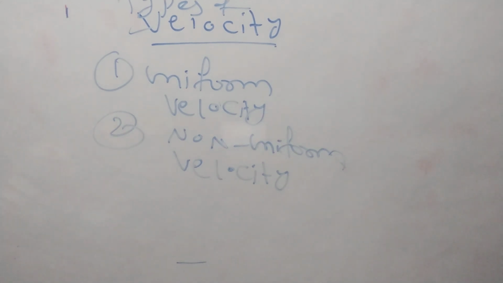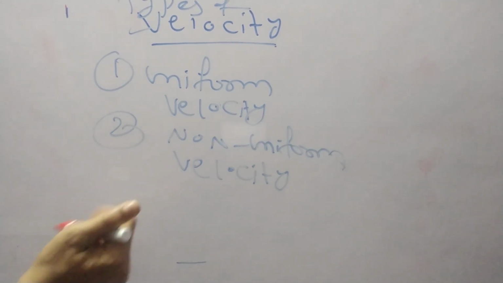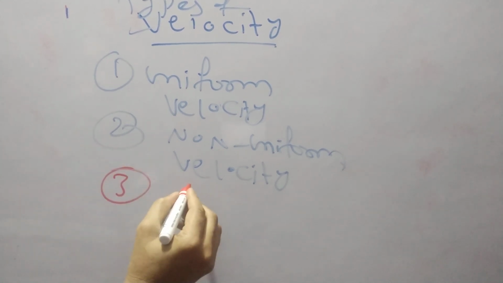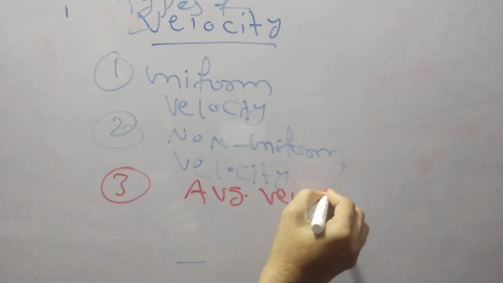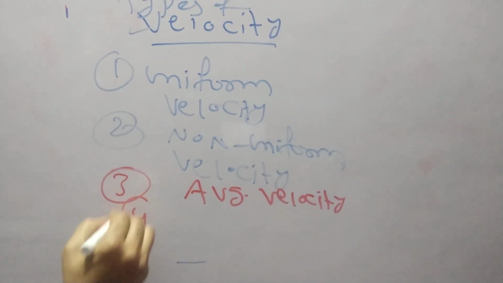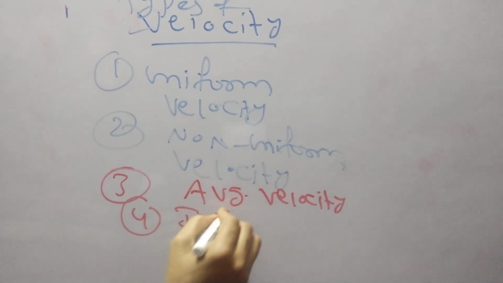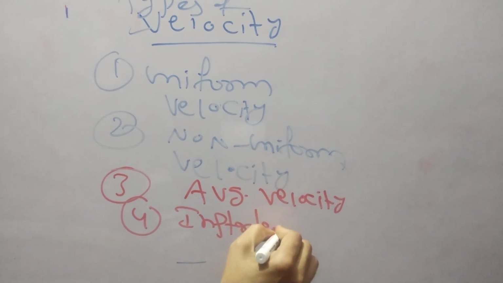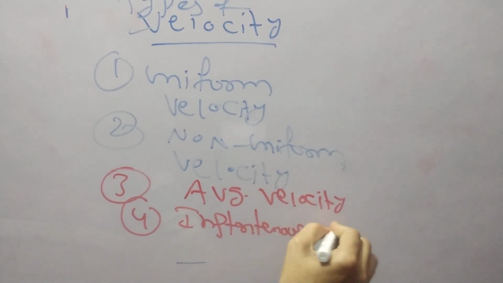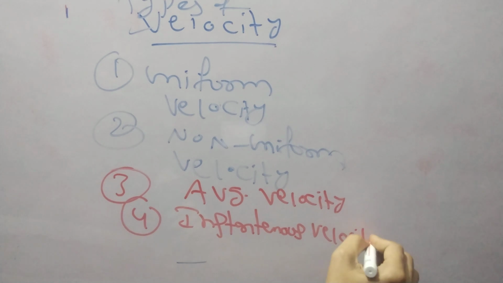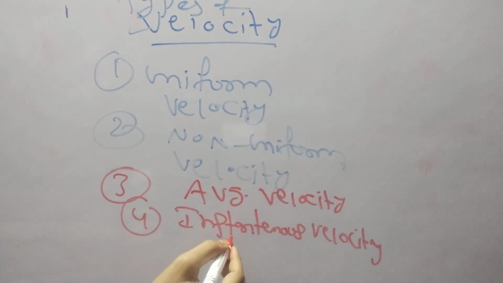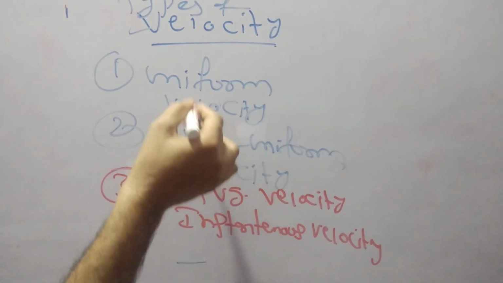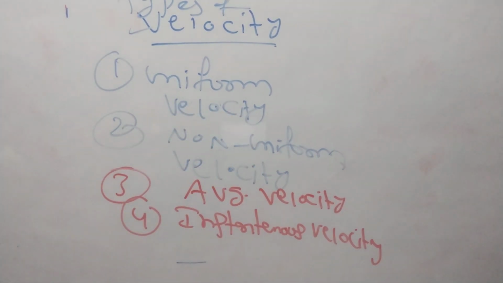And third one is average. Fourth one is instantaneous. So same types as speeds: uniform speed, non-uniform speed, average speed, instantaneous speed, same thing. So instead of speed, we have to change to velocity.